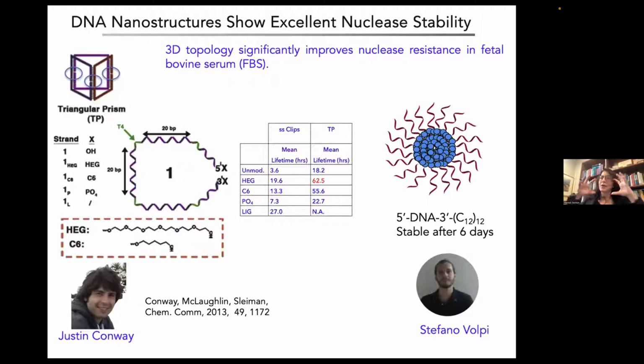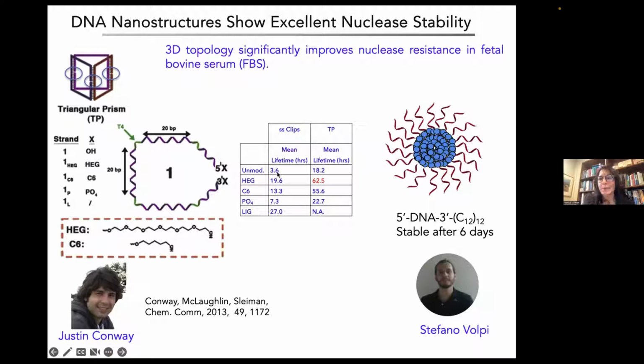By packaging our structure in these three-dimensional shapes, such as prisms or nanotubes or spheres or fibers, we're hiding many of their ends from the enzymes, especially exonucleases that would come in and degrade them. And as a result, we see a very large extension in their lifetime in serum.